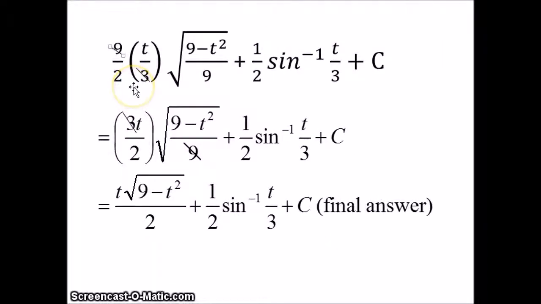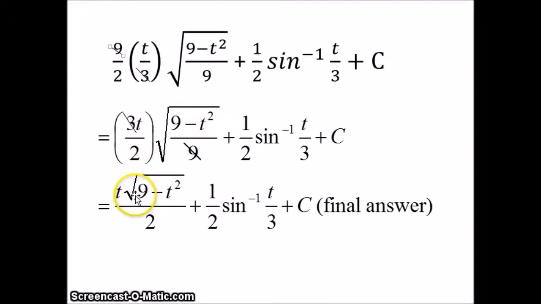We further simplify our answer. 9 over 2 multiplied by t over 3, we get 3t over 2, and we rewrite our answer. The square root of 1 over 9 equal to 1 over 3. So we can cancel the 3 and the square root of 1 over 9 over here.